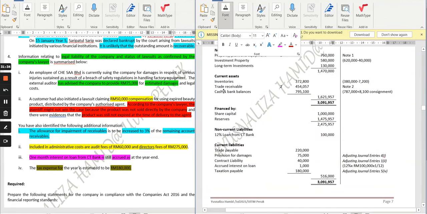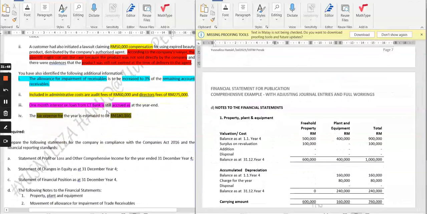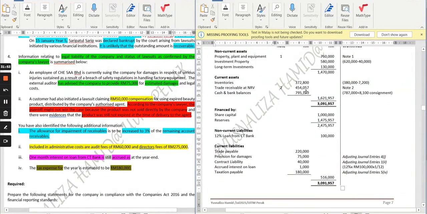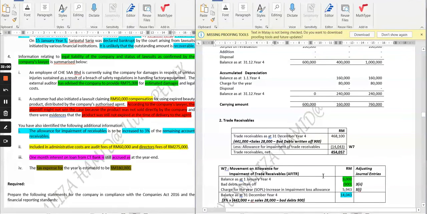Under your trade receivable, you should just report the net realizable value of 484,057 after deduction of the allowance for impairment. This is the allowance for impairment, 14,043, and these are your trade receivable net amount.